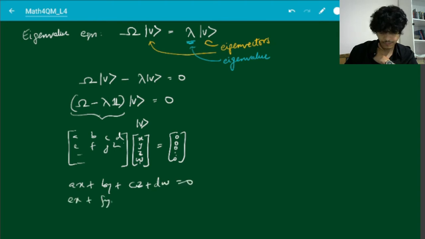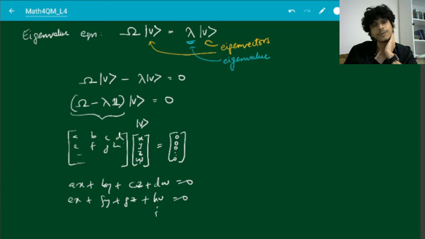EX plus FY plus GZ plus HW equal to 0, and so on. So you have 4 equations and 4 unknowns. Now, back in high school, when you were looking at how to solve 2 equations and 2 unknowns, 3 equations and 3 unknowns, and so on, you might have seen this result.